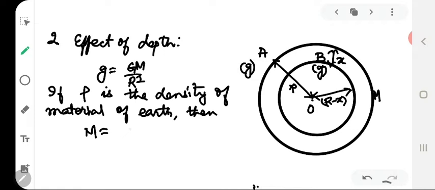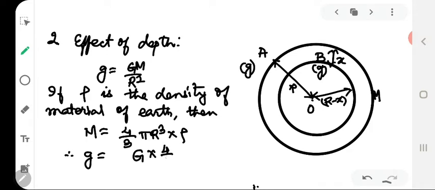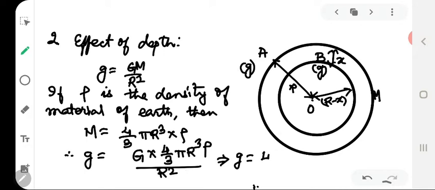Now Earth is a sphere, so volume is given by the volume of a sphere, that is 4 by 3 pi r cube, and that is multiplied with density. So on substituting this particular value of M in the above equation, we get g to be equal to capital G multiplied by mass, that is 4 by 3 pi r cube rho divided by r square, which gives us g to be equal to 4 by 3 pi G r rho.